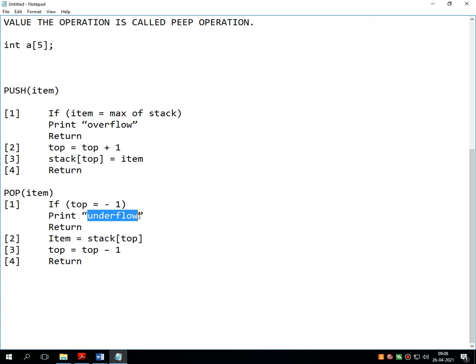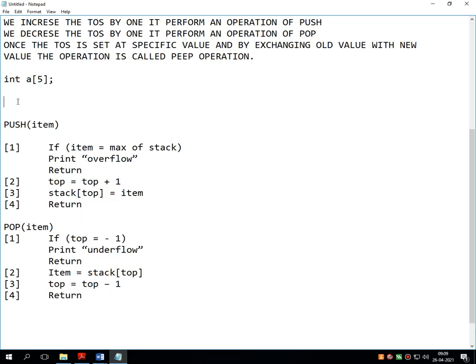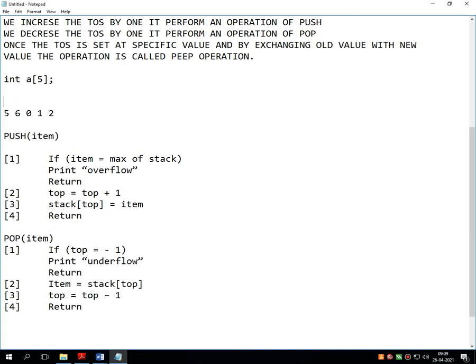What is underflow? Underflow means I have already stored any 5 numbers inside the one dimensional array, and I have started the operation of pop, which is also called the operation of delete. Say for example, the last value which I have stored is 2. 2 is removed, 1 is removed, 0 is removed, 6 is removed, 5 is removed.